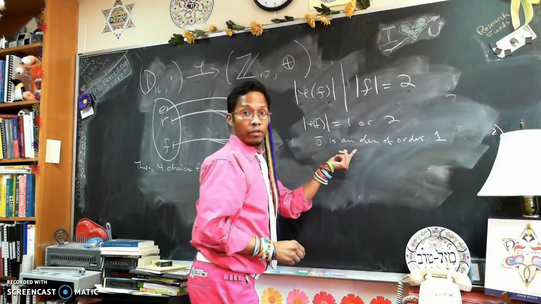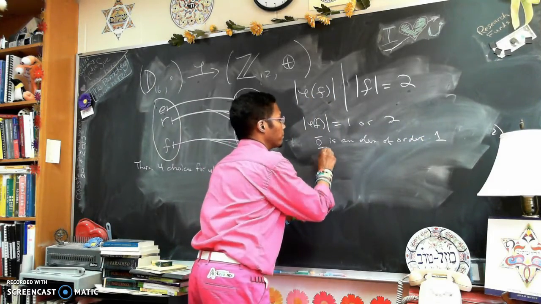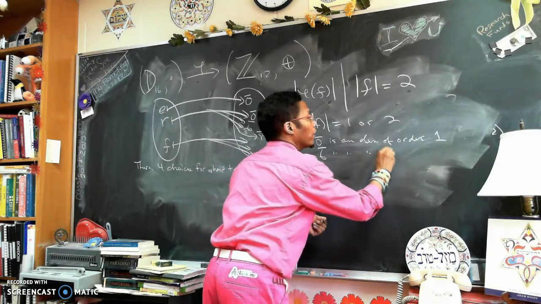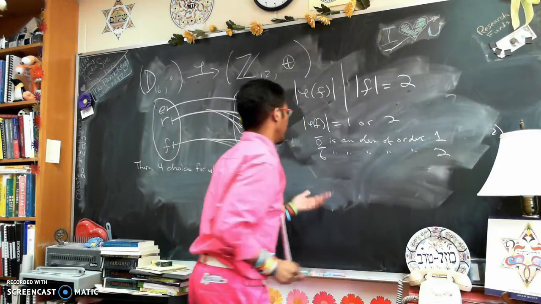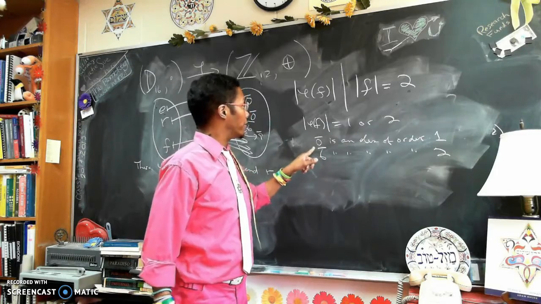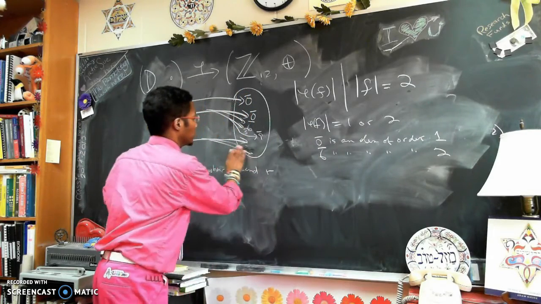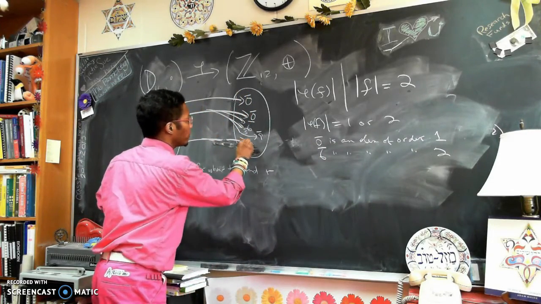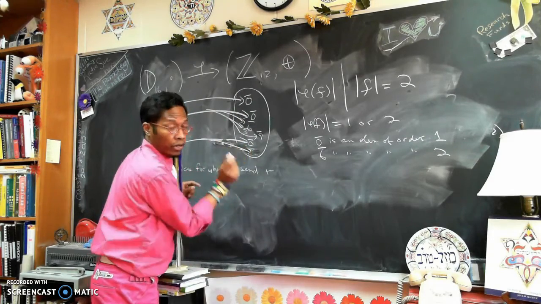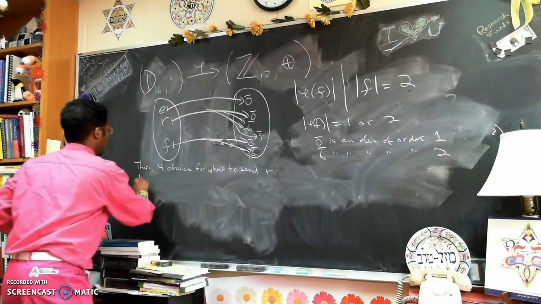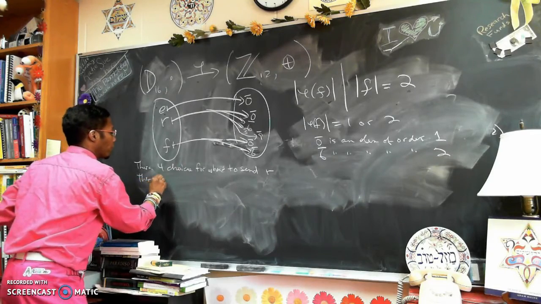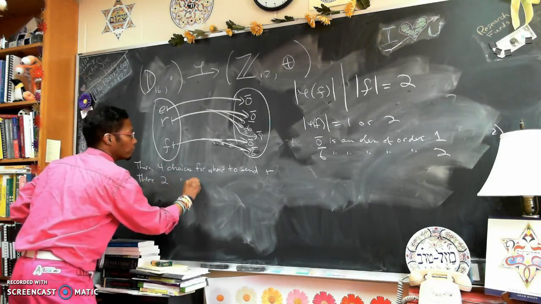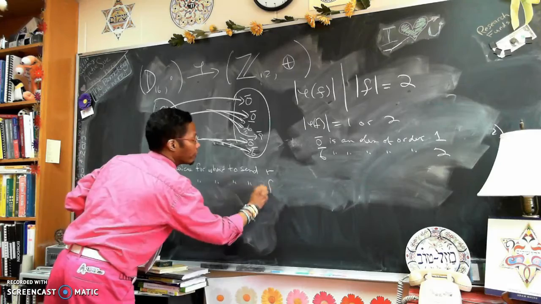It's the only element of order 1. And 6 bar is an element of order 2. So that's it. There are 2 possible places that phi can send F to. F can go to 0 bar, or F can go to 6 bar. So there are 2 choices for where to send F.